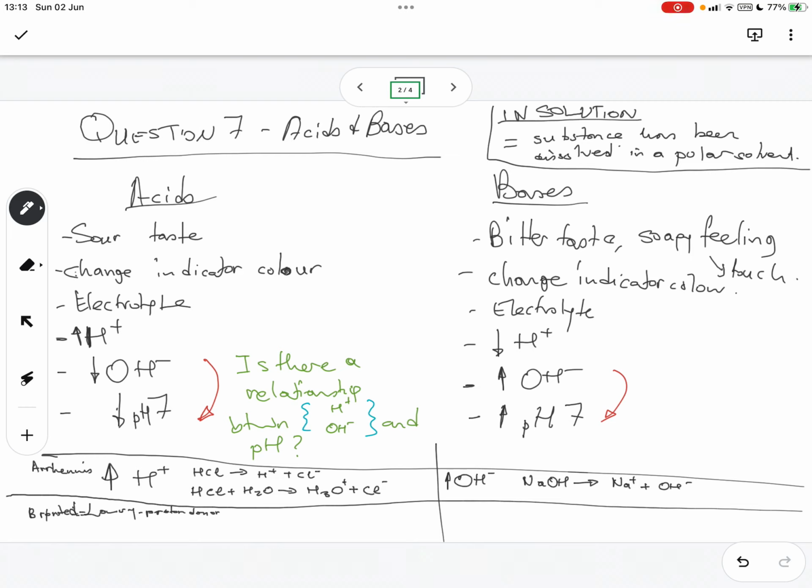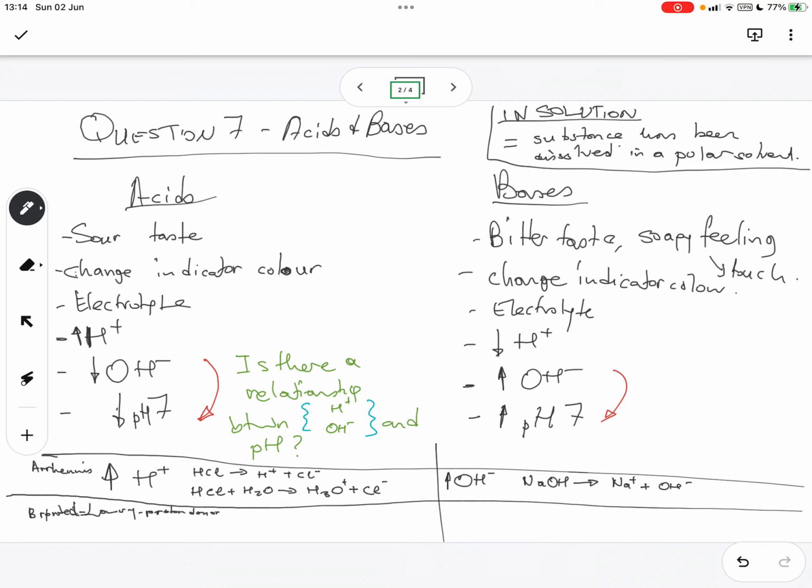Or when ammonia reacts with water, it gives you a hydroxyl ion plus the positively charged ammonium ion. And what these basically tell you is that the base releases OH ions.